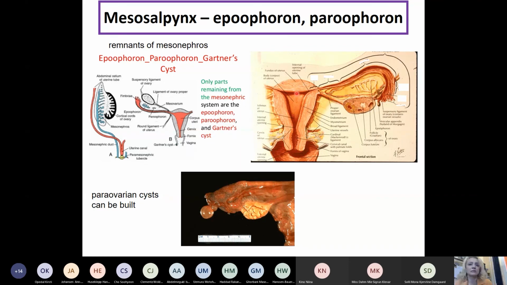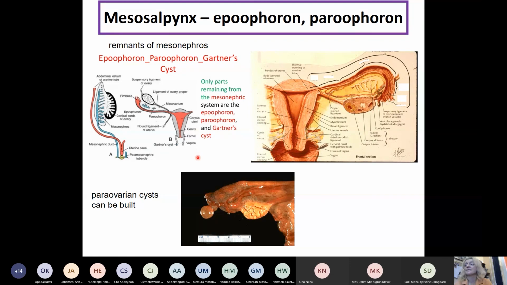Any rudimentary duct, anywhere, not only here, is usually important clinically because it can be infected or inflamed, and then big cysts can be formed, and then of course that can already cause problems.